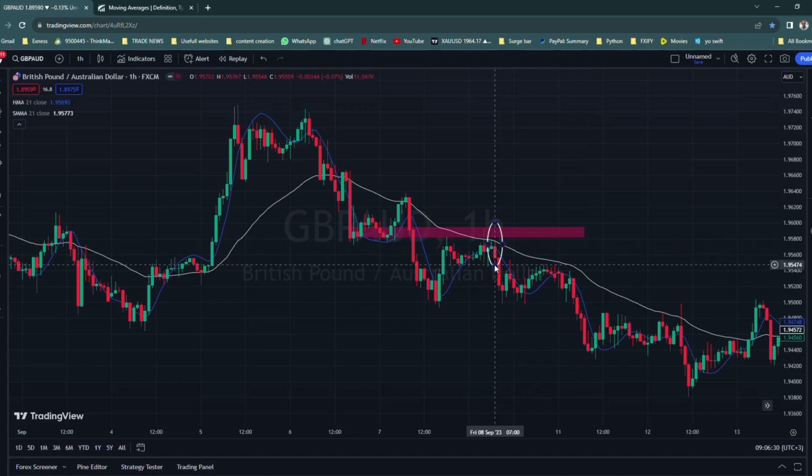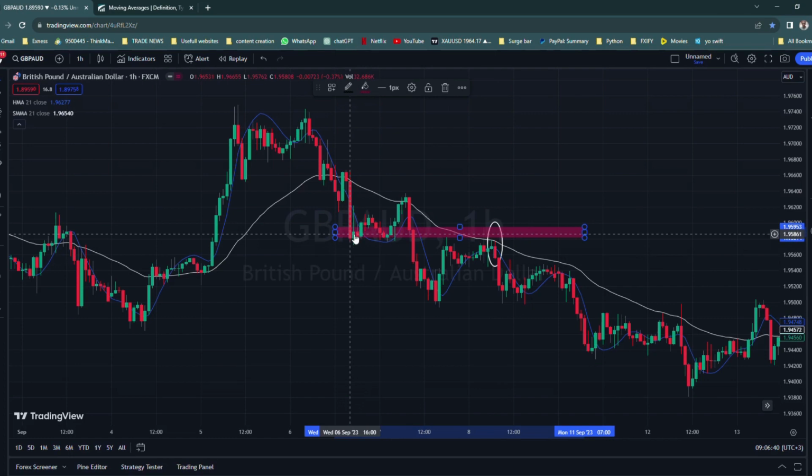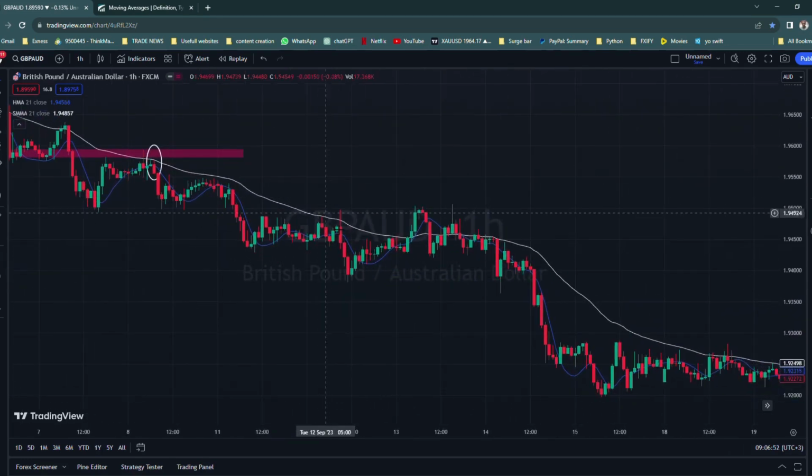Now this shows you a double confirmation from two different moving averages showing you the same exact thing, and they are coupled with your analysis of support and resistance. Break, support turning into resistance after it has broken.